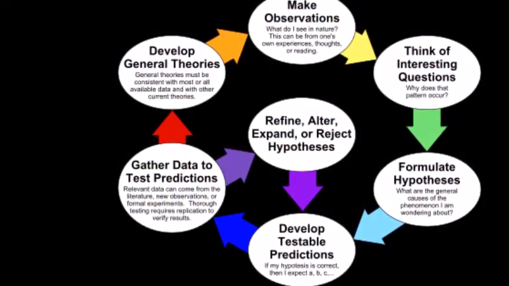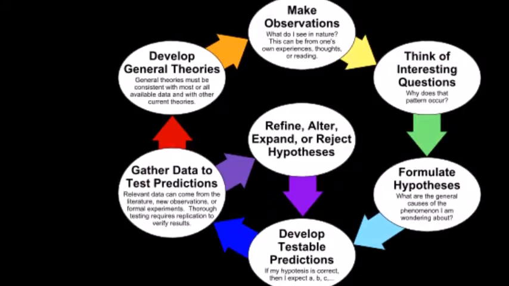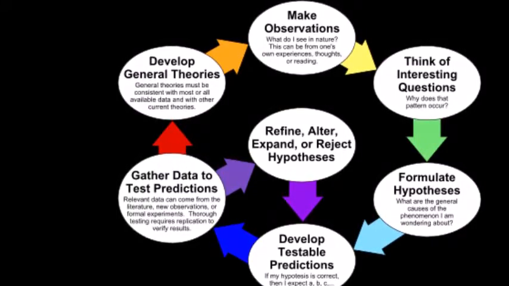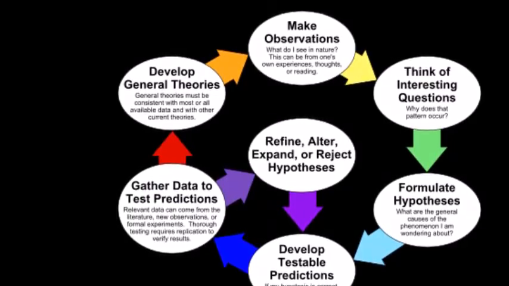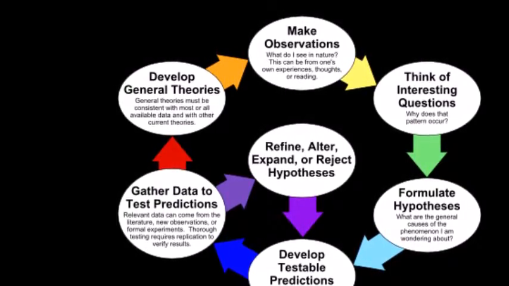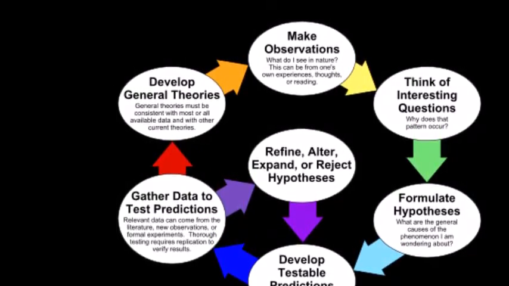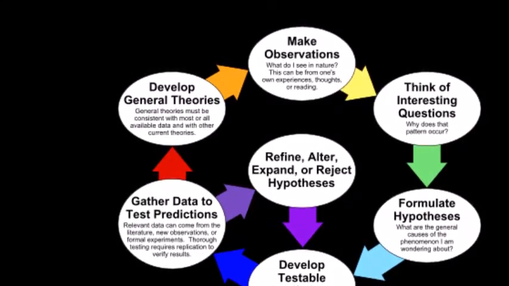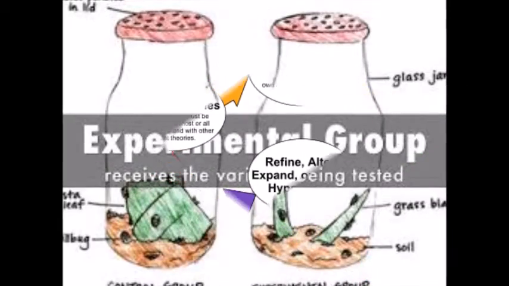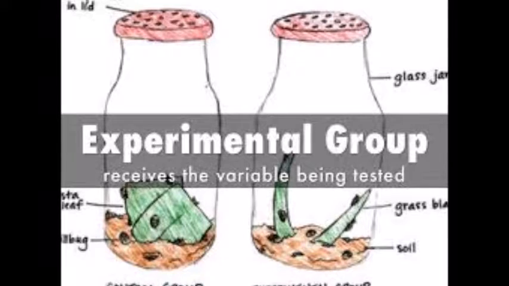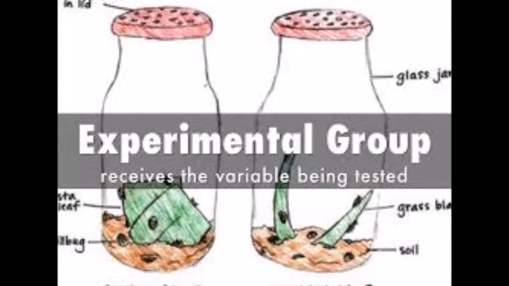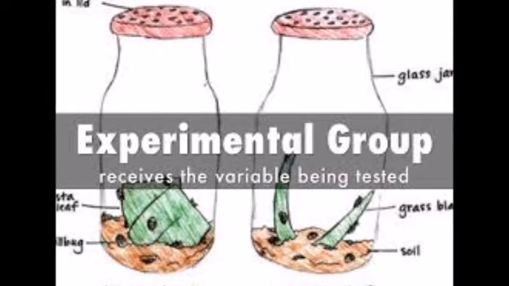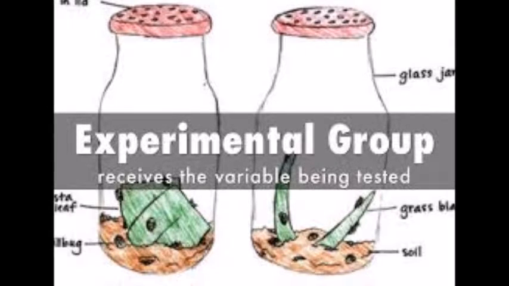Scientists use a method for their investigations called the scientific method, and it consists of observing and asking questions, inferring and hypothesizing, designing controlled experiments, collecting and analyzing data, and finally drawing conclusions. There are two kinds of groups in a controlled experiment, which are the experimental group and the control group.